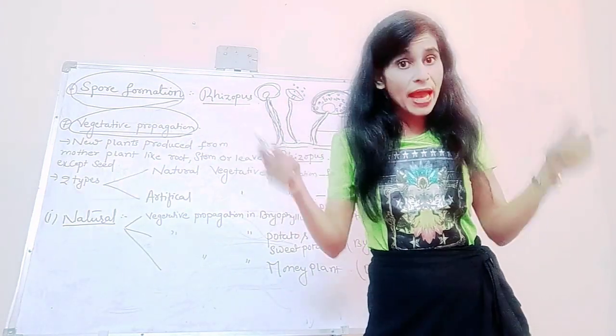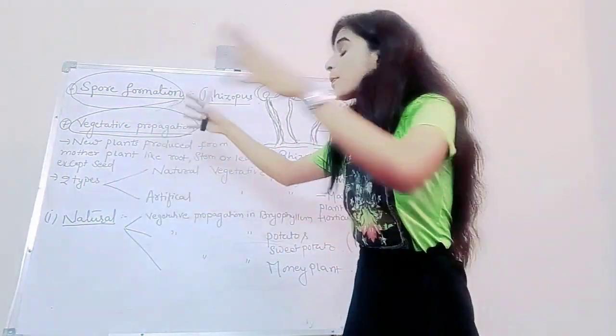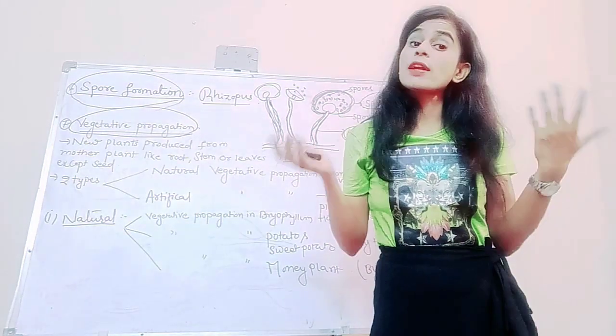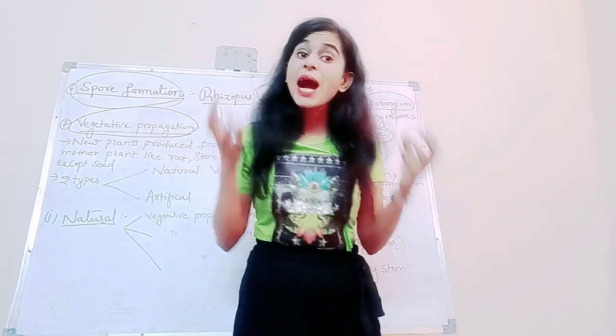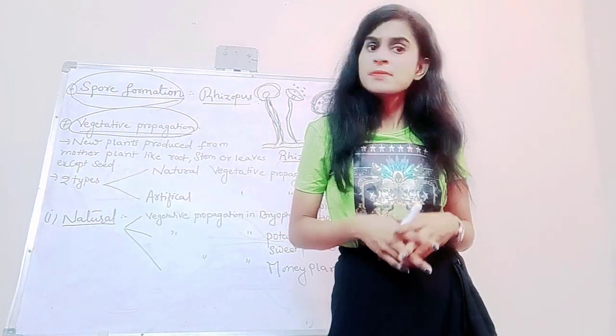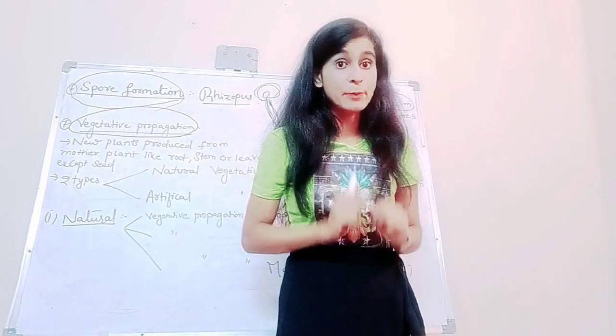So when a new plant is produced from the mother plant, it is called vegetative propagation. From which parts of the plant can a new plant develop? Of course, root, stem, leaves, but not seed, guys. Remember that point.